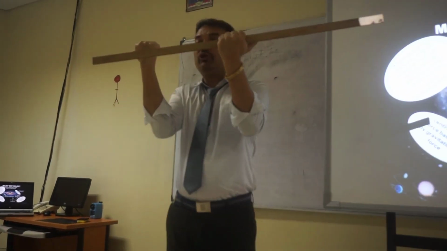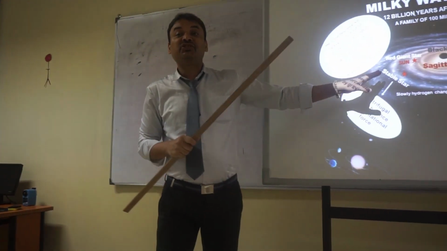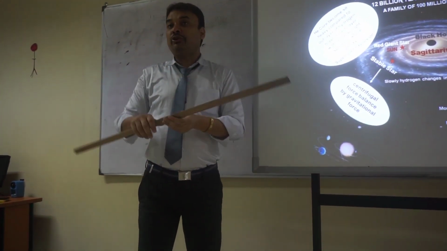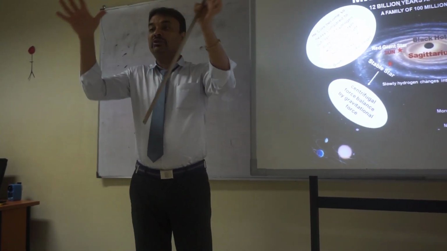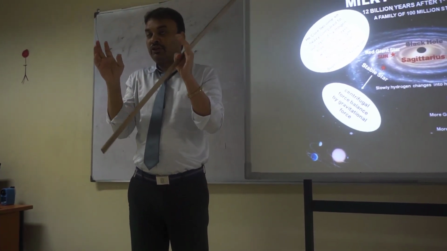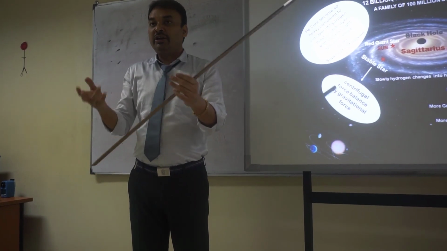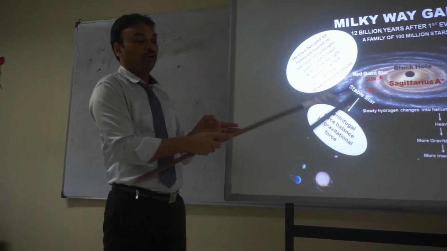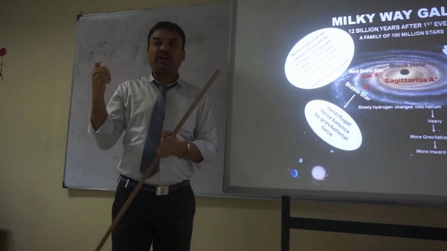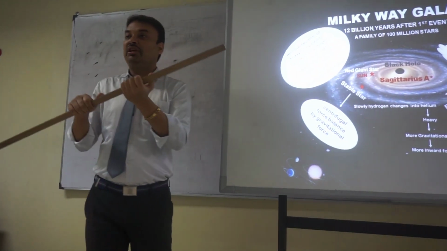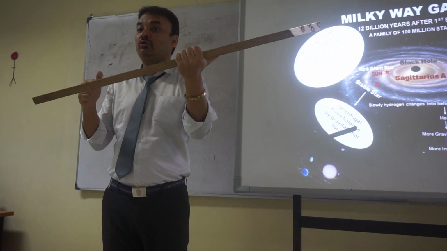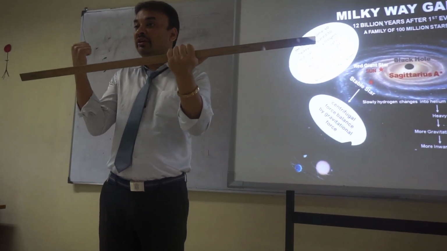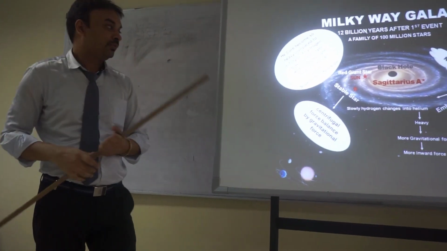When the two forces balance each other, that stage of the star is known as stable star. We don't have the information for how long the star will be stable. This may be for 1 day or for 1 billion years, no information. So we only know the star is a stable star when the outward centrifugal force on the hydrogen is completely balanced by the inward gravitational force on the helium.